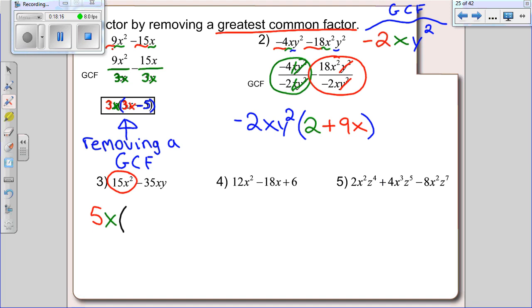So that was the number with the number. And then x squared divided by x would give me 1x. So my first term, when I take out a GCF, should have left me with 3x. My next term, it's negative 35xy. So negative 35 divided by 5 would give me negative 7.